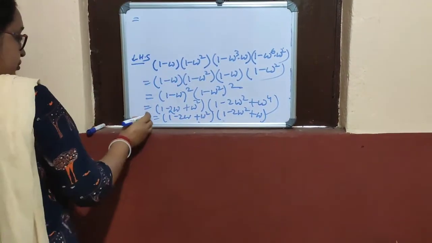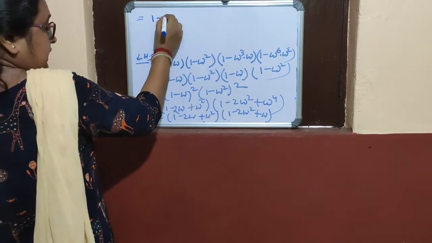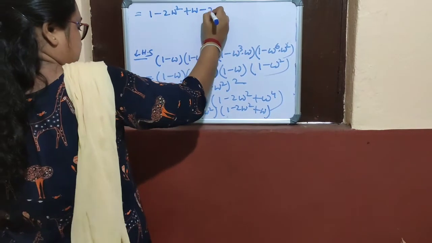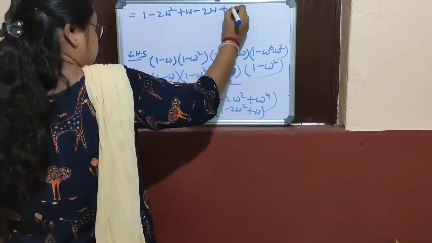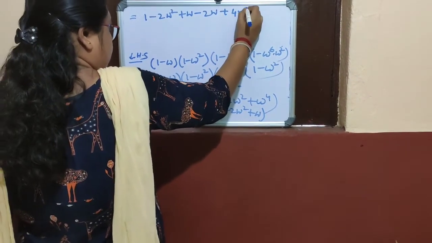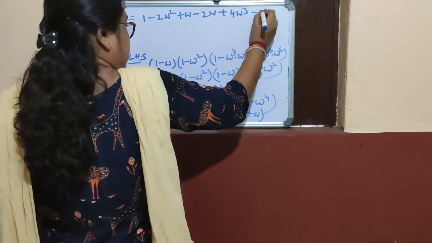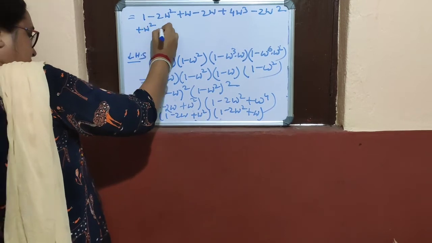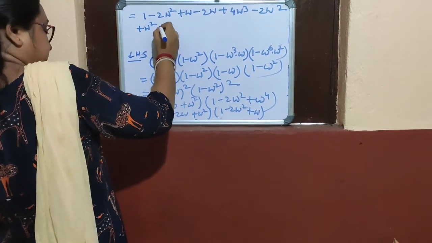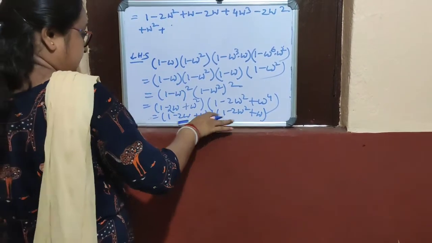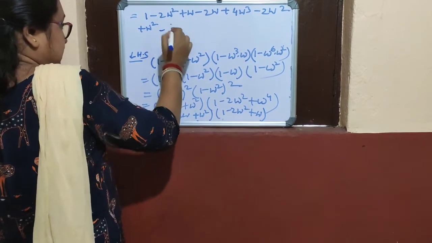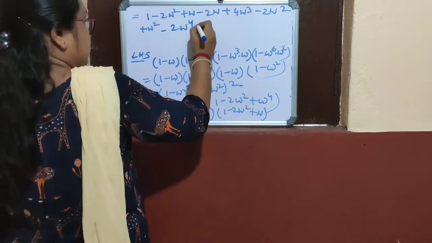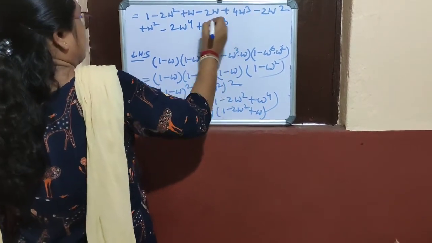This is equal to 1 minus 2 omega square plus omega minus 2 omega plus 4 omega cube minus 2 omega square plus omega square, minus 2 omega to the power 4 plus omega cube.